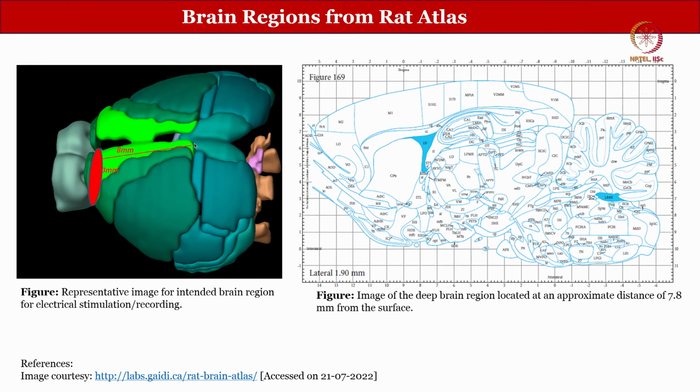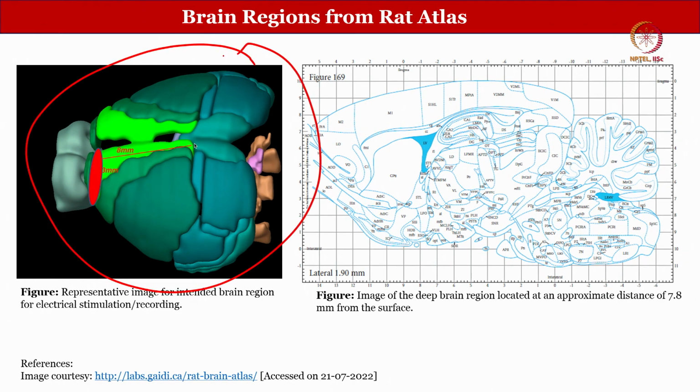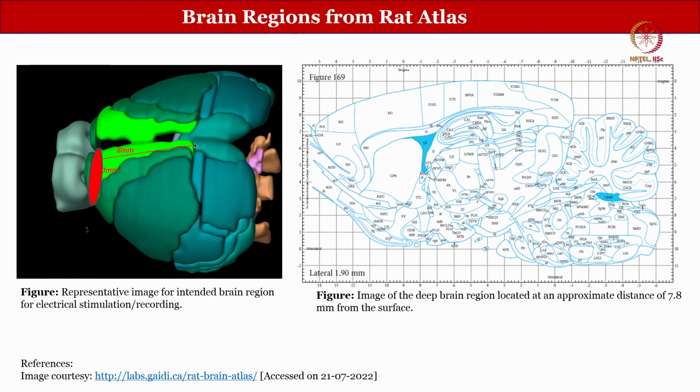This is the rat's brain, a representative image of the intended brain region, and the red circles are the areas of our interest, here one and here a second one. We need to implant the device deep in the brain in these two regions. This one is surface, and these are deep, for applying electrical stimulation.